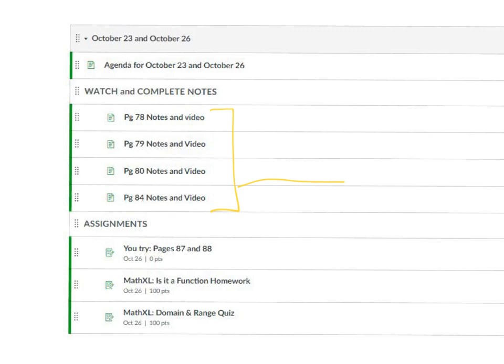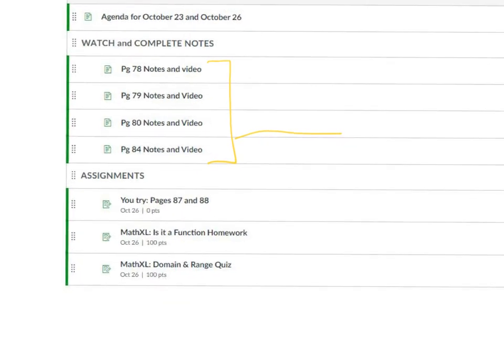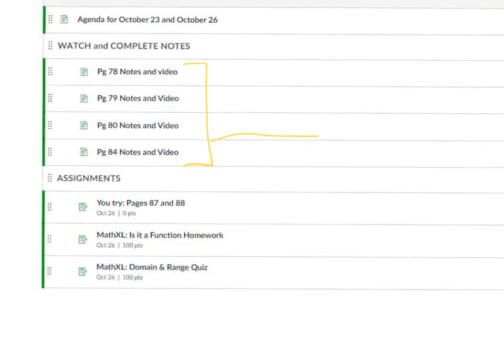If you then look below, there is a section of assignments. There's one here that's called You Try, and those are 2 pages in your notebook, and you can try them completely on your own, and then I've embedded a video of me going through the answers, or if you just want to get your notebook out and work through with me, you can do that, but it leads you through everything that'll be on these 2 Math Excel assignments.